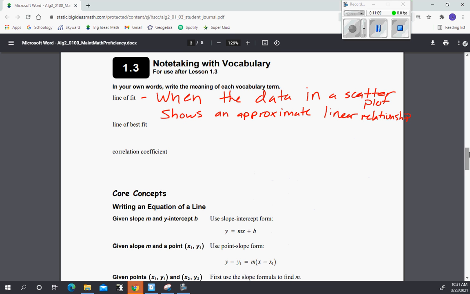Line of best fit is that line that I just drew, but it's the line that lies as close as possible to all data points.